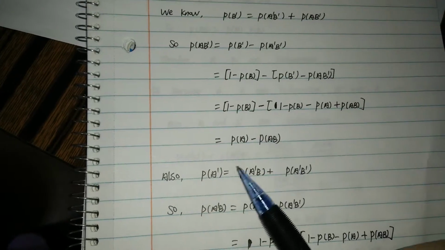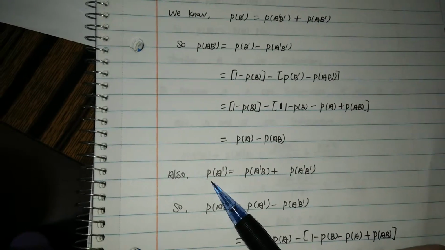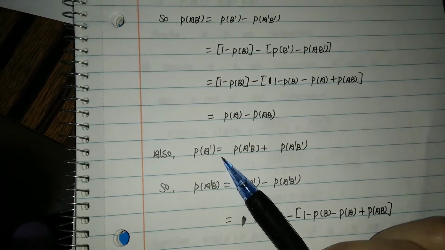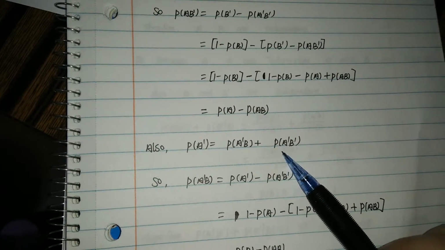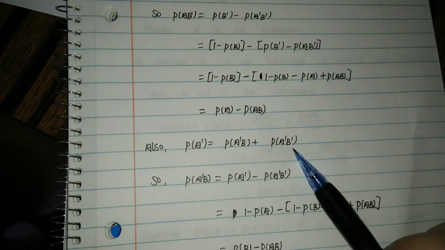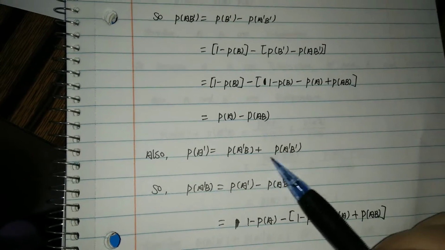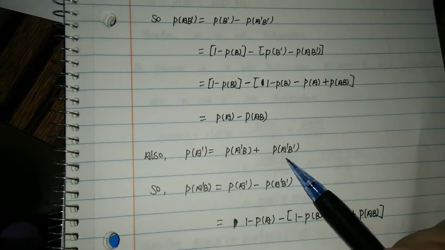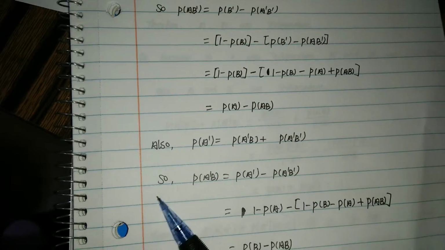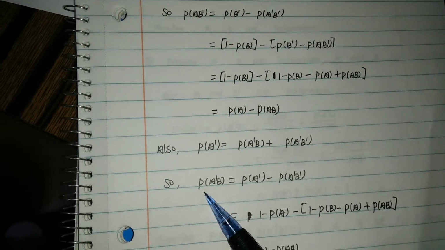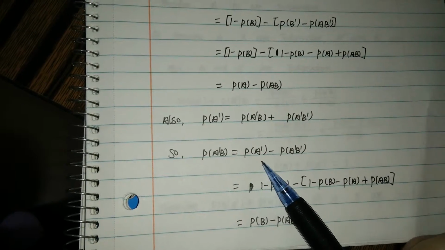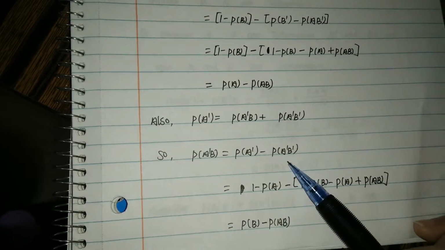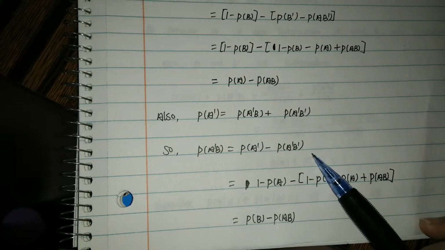Also, for the same reason, we can get the probability of A naught equals probability of A naught times B plus probability of A naught times B naught. So probability of A naught times B equals probability of A naught minus probability of A naught times B naught.